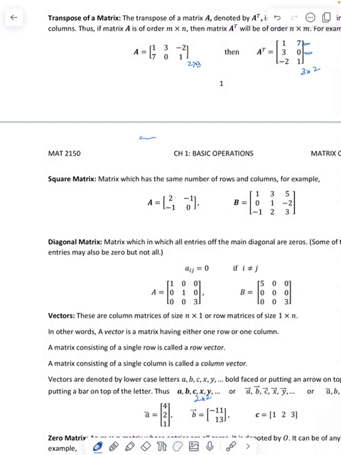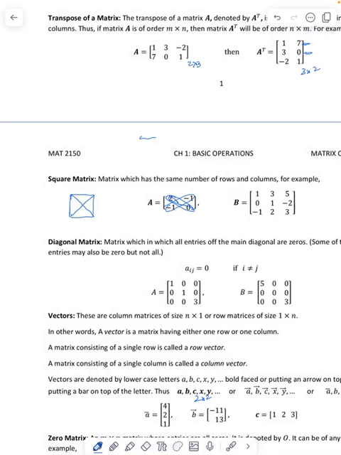So if I draw a square, then I have one diagonal going like this and another diagonal like this. Similarly, in the B matrix, you can see the diagonal.